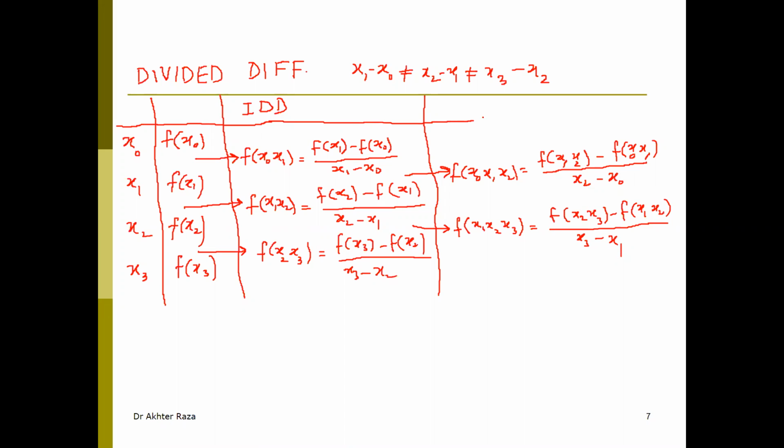This is called the second DD. The title of the column is second order divided difference.